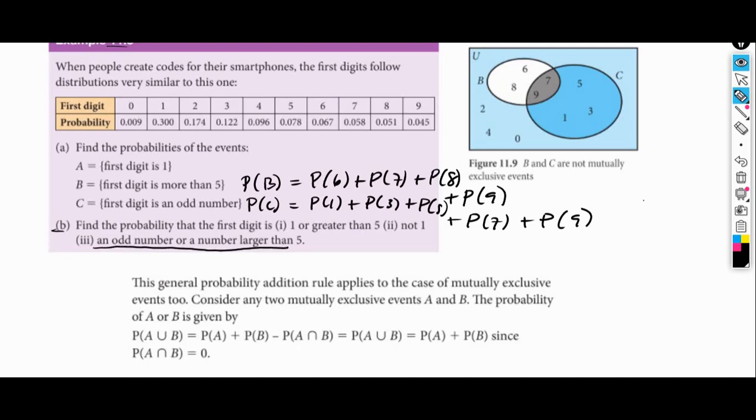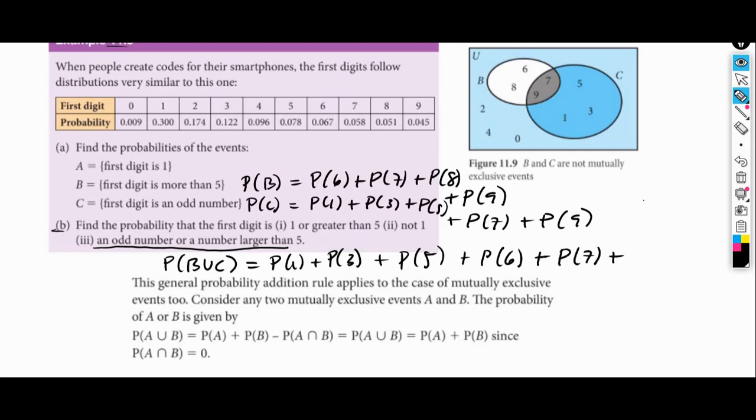So we said that this is equal to the probability of B union the probability of C. And then we said that this was equal to probability that it's 1 plus probability that it's 3 plus probability that it's 5 plus probability that it is 6 plus probability that it is 7, that it is 8, and that the first digit is 9.